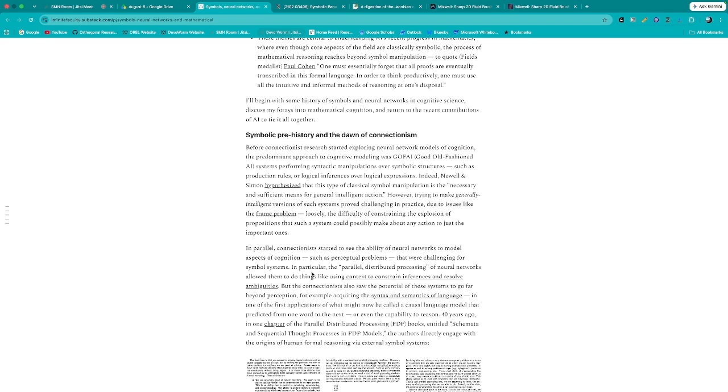And of course, this idea fell into disrepute once connectionist models really got rolling, and there was this divide between symbolic models and statistical models. However, trying to make generally intelligent versions of such systems proved challenging in practice due to issues like the frame problem, which can be defined as the difficulty of constraining the explosion of propositions that such a system could possibly make about any action to just the important ones.